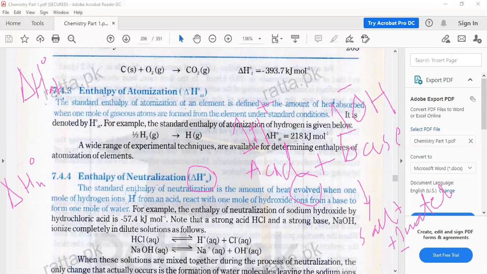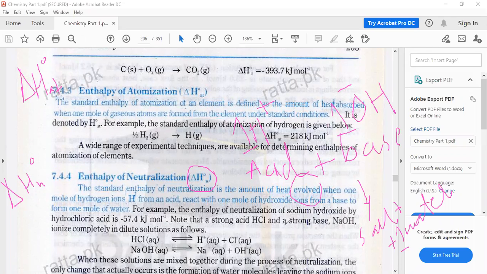When 1 mole of H positive ion and 1 mole of OH negative ion from the base react together and make 1 mole of water, some amount of energy is released. That amount of heat evolved from the system is considered the enthalpy of neutralization.